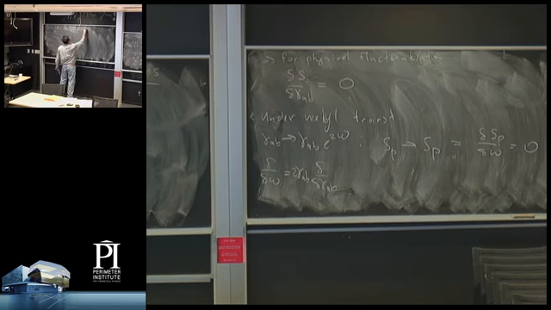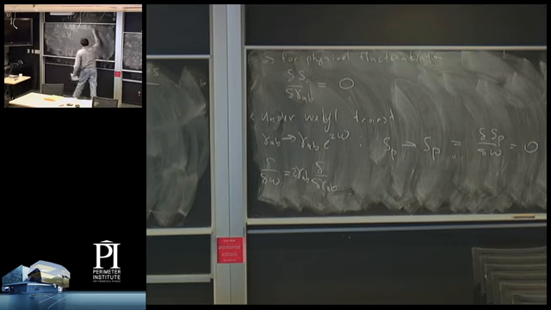And now I have to recall that my stress energy tensor TAB is defined in this way, minus 4 pi over square root of minus gamma, delta S over delta gamma AB.